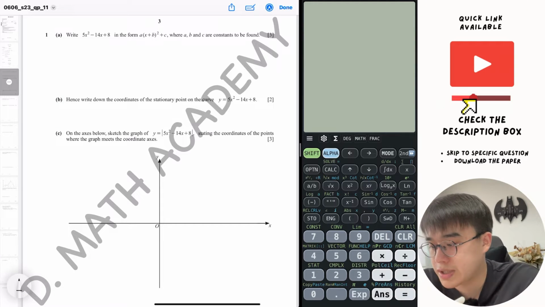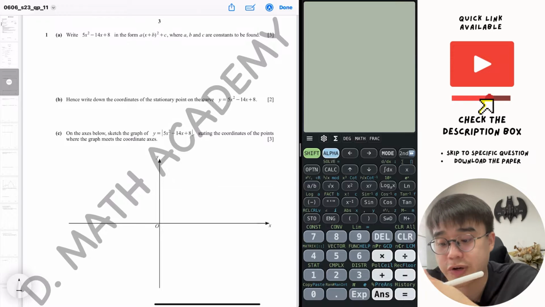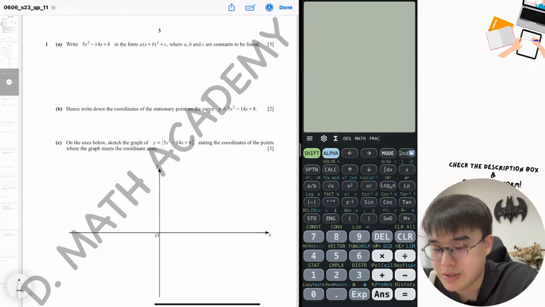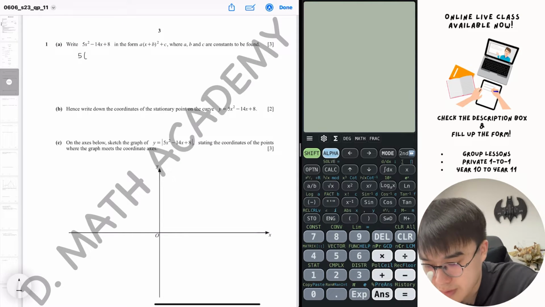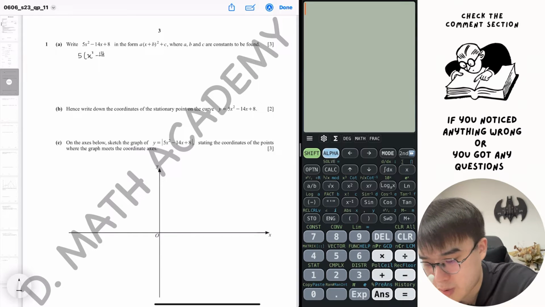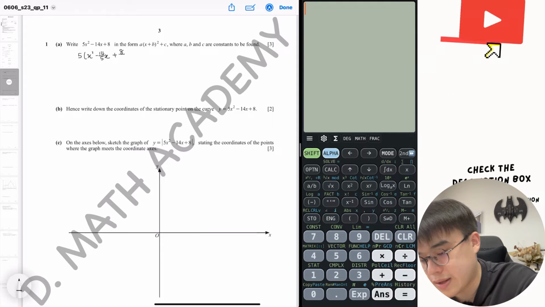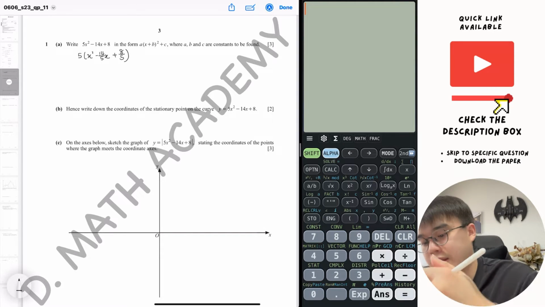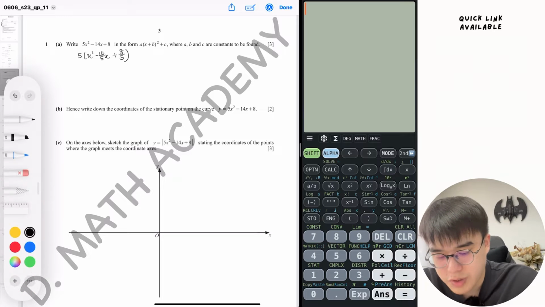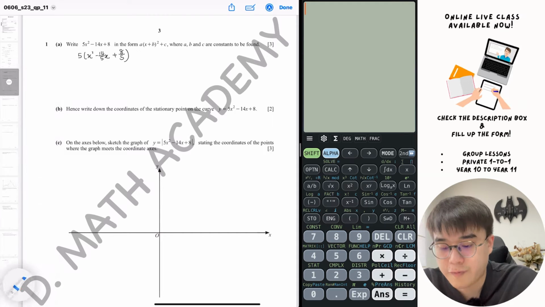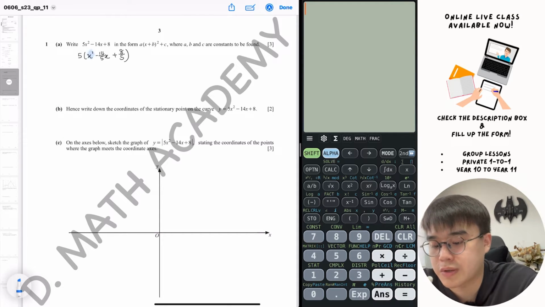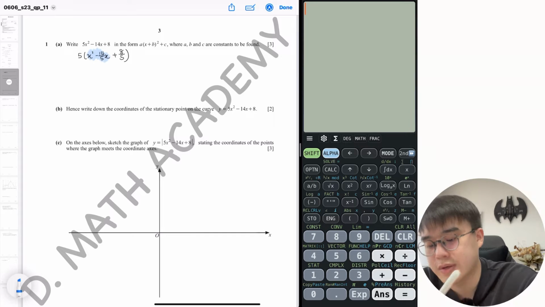So the standard process of solving this will be extracting the 5 first. So 5, then 14 over 5 x, followed by 8 over 5. Do take note that once you're done with this step, your primary focus will be on these two values at the front.